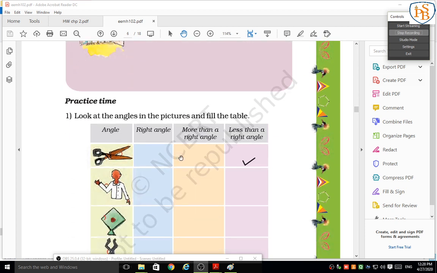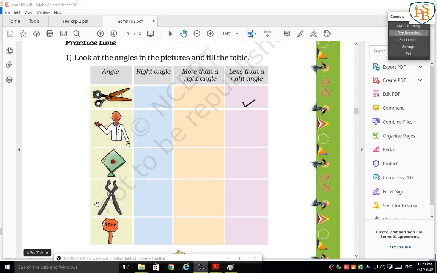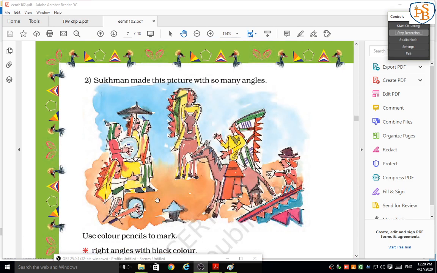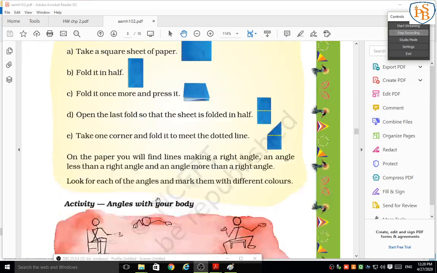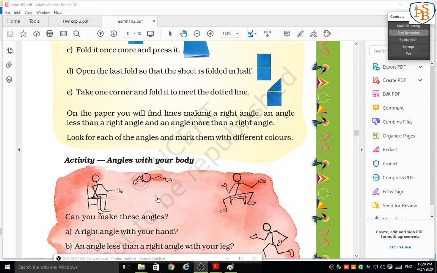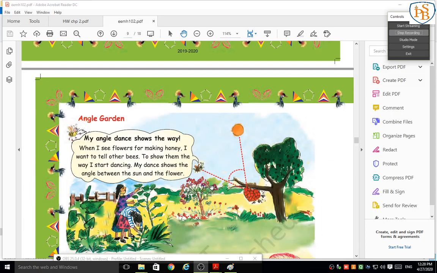Okay, after that we learned that we can find the angles in different things, different pictures. Then we did one activity by using paper. Then we made some angles by using our body parts.